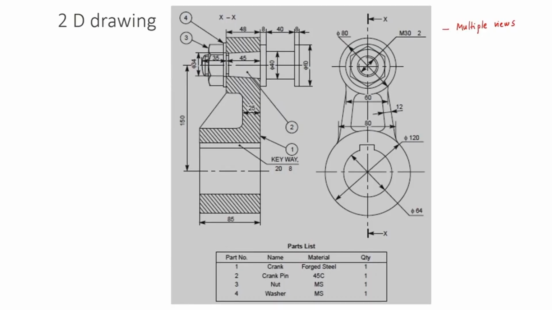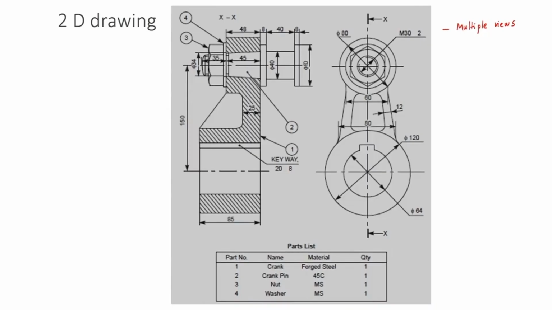On your screen you can see a typical product, and it also shows the sectional view of the product. The dimensions are provided, and the production engineer will understand the meaning of these dimensions. Well, to manufacture a component, it's not only the dimensions that are required.